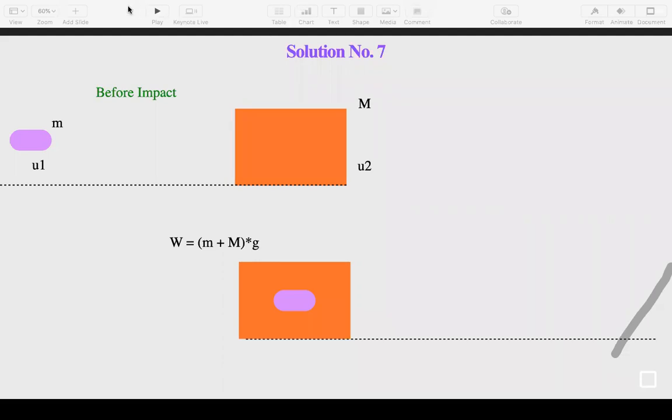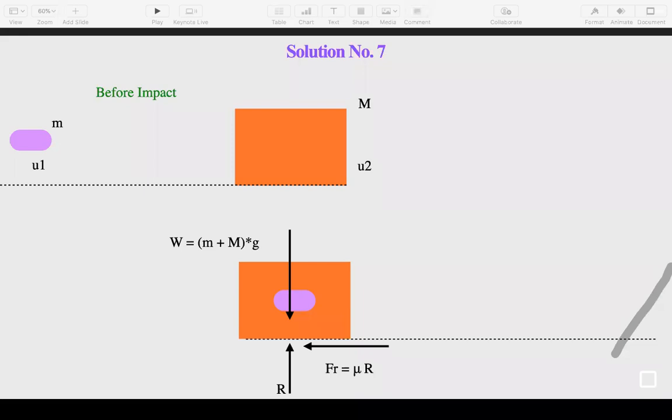Okay. Now see here, after impact, the total weight of the body will be small m plus capital M into g, the bullet mass plus the wooden block. Then there is the reaction generated by the surface. Then the frictional force Fr is equal to mu into R. Frictional force is directly proportional to the reaction force, and the constant of proportionality is called the coefficient of friction.